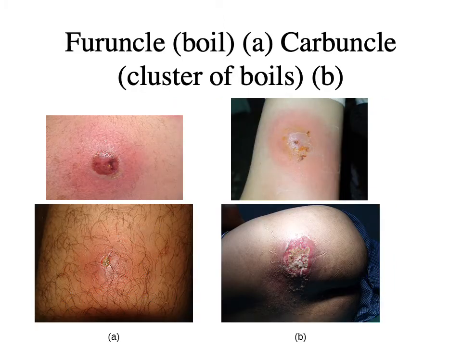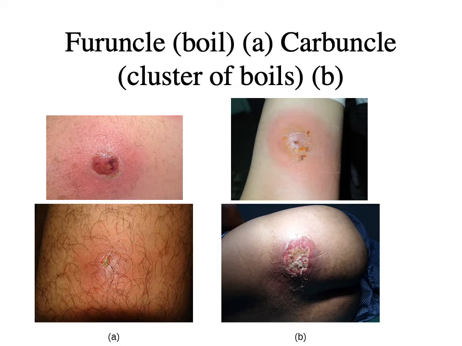Now, next we have what you might have heard of previous to this course as a boil. A boil is, to me, something you do to water. I have this problem with that word because it doesn't really mean anything to me. The word is just more common until you get into medicine and microbiology.